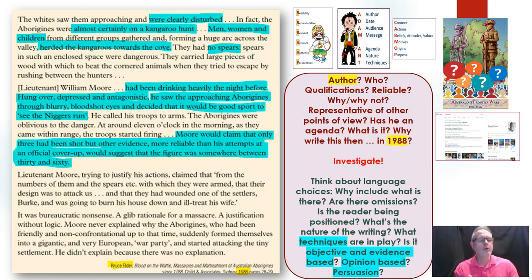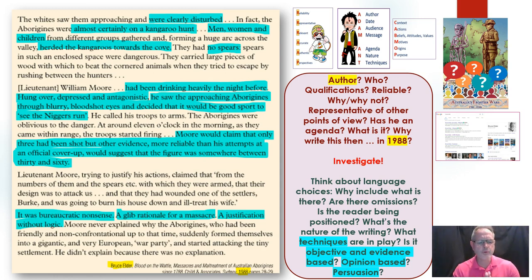Moore would claim that only 3 had been shot, but other evidence more reliable than his attempts at official cover-up. You mean that ex-convict, the guy who was in jail, Edward White, more reliable than an officer in the British military? Okay, that seems an interesting and valuable comment he's made. Now I've got to weigh him up.